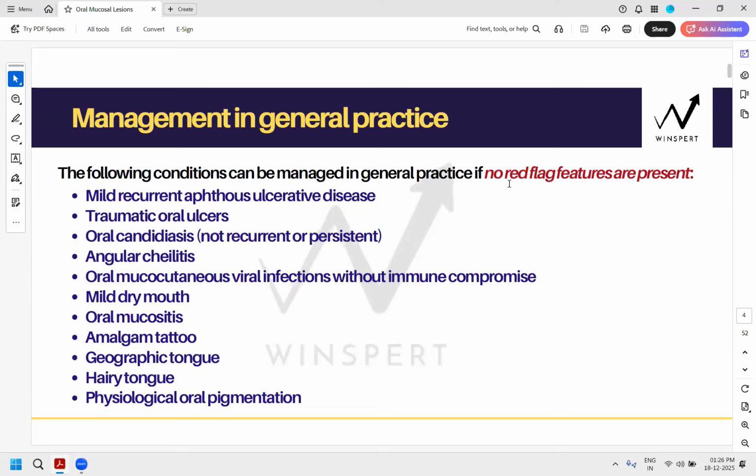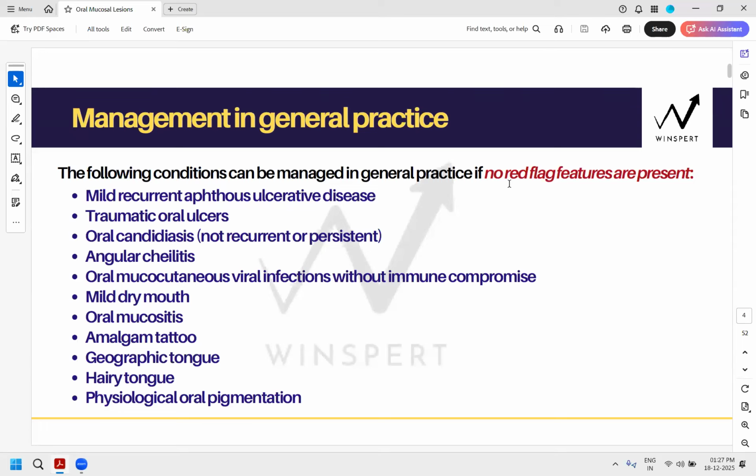Sounds good, right? Does it give you a bird's eye view or not? That this entire chapter is about ADC wanting you to know what comes under what category, how to diagnose, reading the history, how to find out red flags, how to find out what are the benign or non-malignant lesions which require referral. So Priyanka, not any mild dry mouth, but dry mouth which is not responding to the treatment, that gets referred, right?